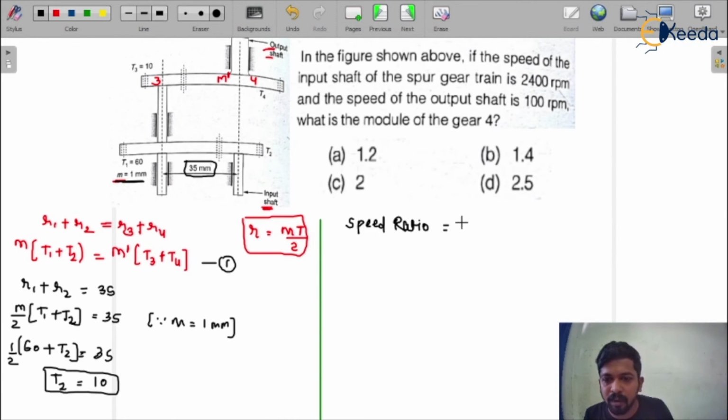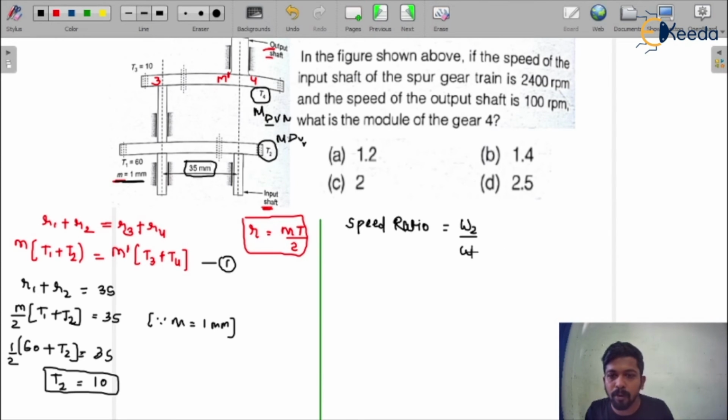So speed ratio we can calculate: this is the input shaft, omega 2 upon omega 4. Omega 2 is the main driver and omega 4 is the main driven. We want to transmit power from the main driver to the main driven.